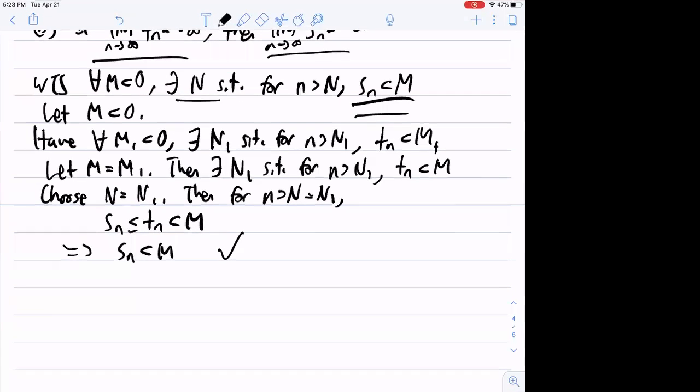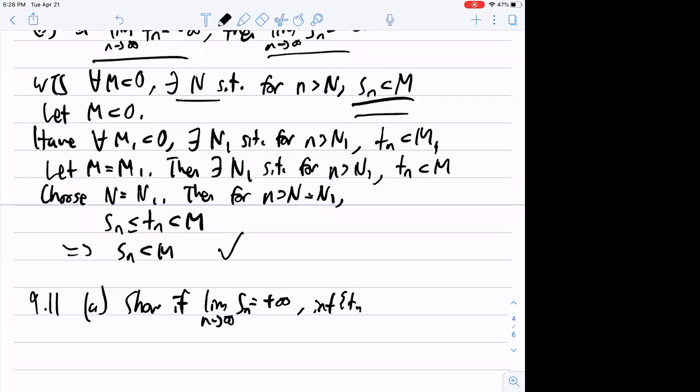I'll just do A for you. Show. So we have two things at our disposal: the limit of Sn is plus infinity, and the infimum of Tn is bigger than negative infinity.